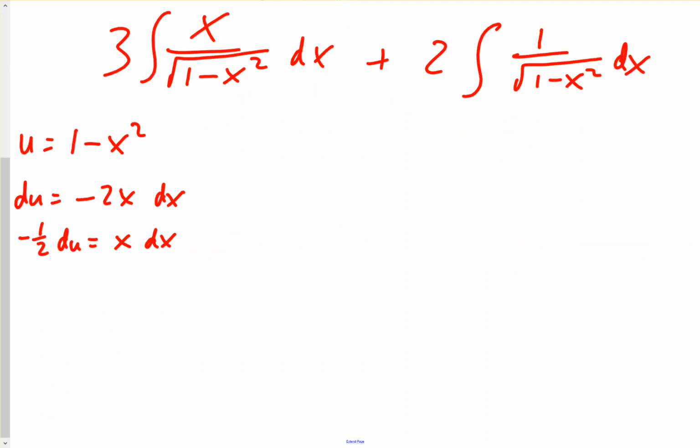So that means for what I have, 3, and then I have u to the -1/2, because I have the square root on the bottom, and then I will have to multiply by -1/2 du.